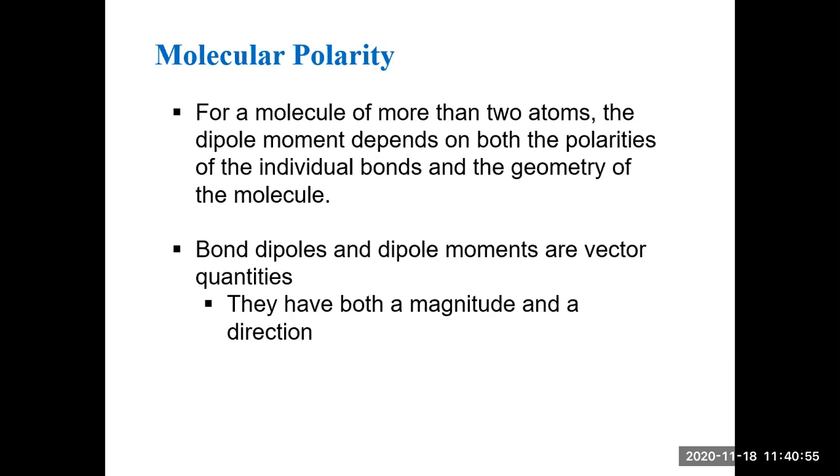And so for us, when we talk about the direction, and this is why you remember we talked about drawing that with the little plus on one end and the arrow pointing towards the more electronegative element. That's the direction. The direction is saying which way are those electrons kind of being pulled, and then how strong is the pull.